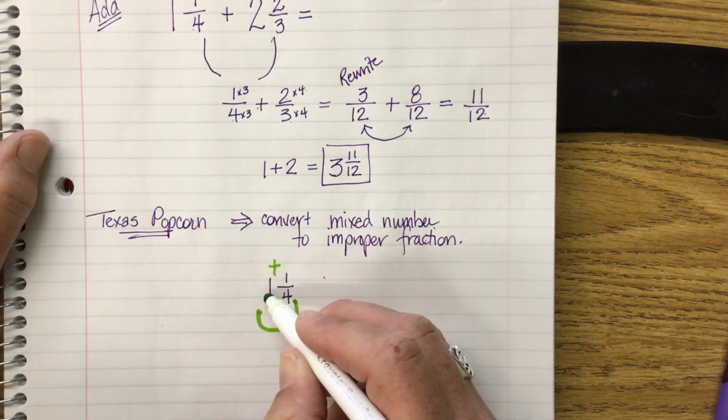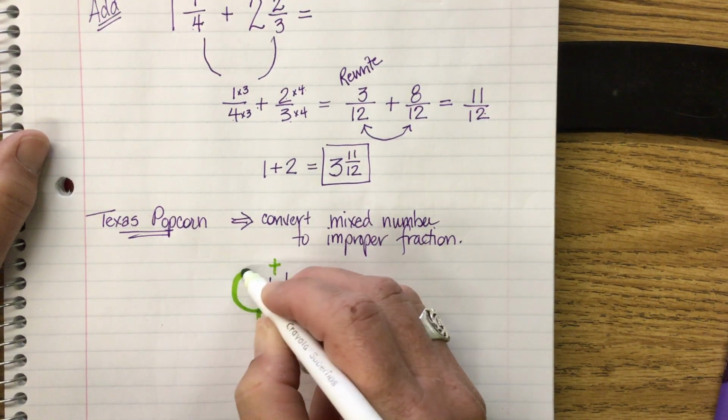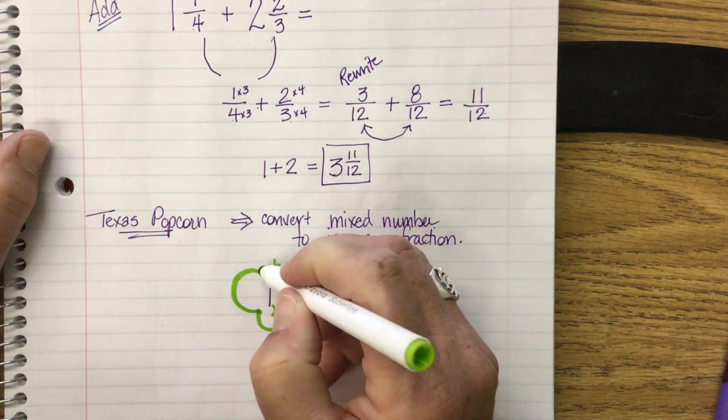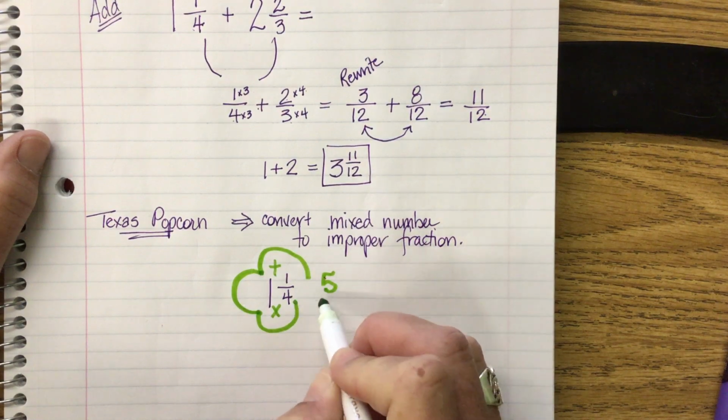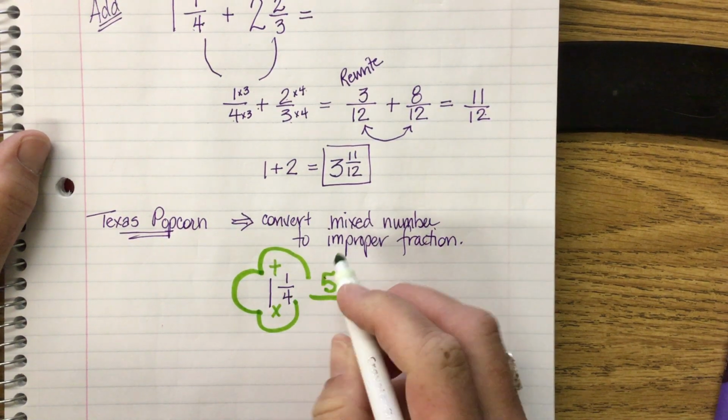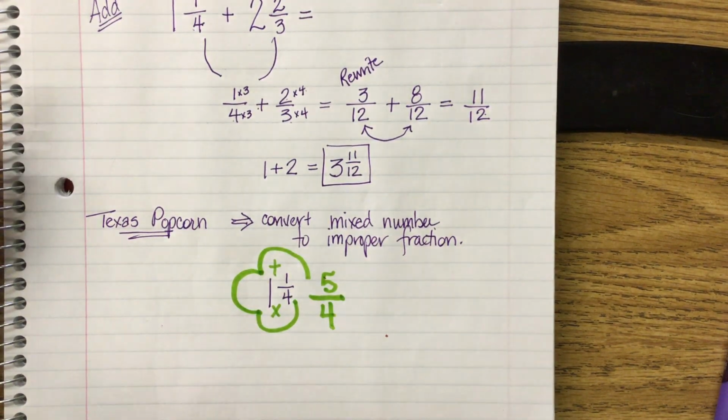4 times 1 is 4, plus 1 is 5. You draw the line and you place the denominator. Okay?